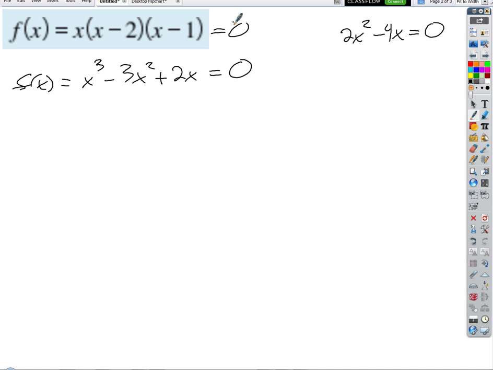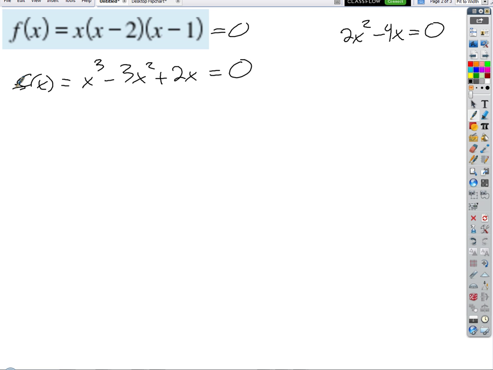Is there a number I can undistribute from 1 and negative 3 and 2? No, there's not. But more importantly, is there a value of x that I could undistribute? A power of x? Yeah, they each have an x in there, don't they? So I should be able to factor out an x, which is the same thing as undistributing an x.